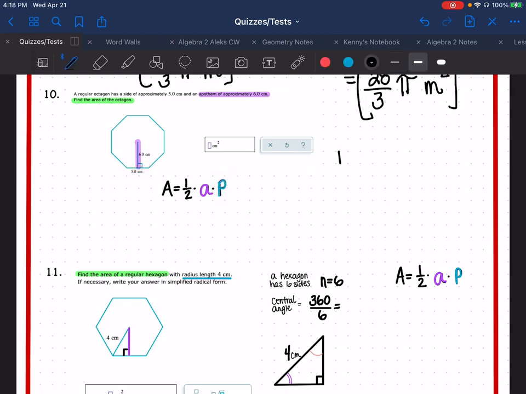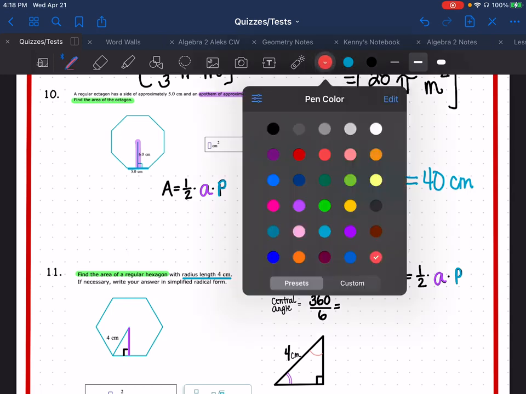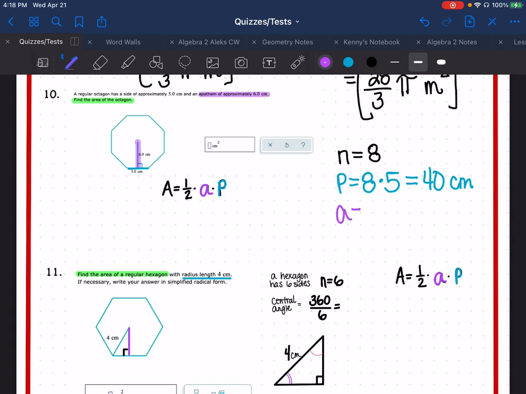Now, I know that since it's an octagon, it has 8 sides. So to find the perimeter, I'm going to take the number of sides and multiply it by how long each side is. And they told me it's approximately 5. I can see that right here. So 8 times 5 is 40. And my unit, of course, for this would be centimeters, but I don't really need that. They have also told me that my apothem is approximately 6 centimeters.